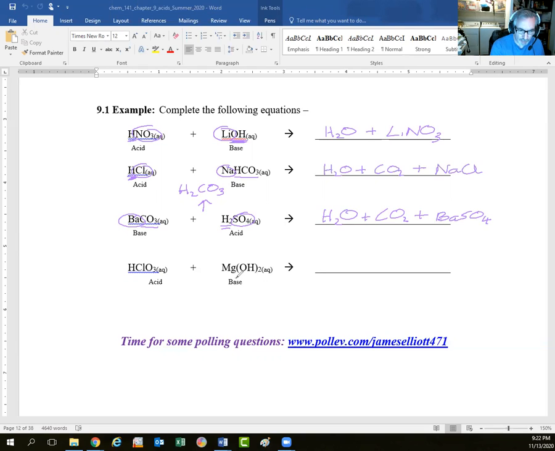Last one, back to a hydroxide containing compound. So we're looking to nick one hydrogen each time, although there's two hydroxide ions, so we'd need a second molecule of the chloric acid to give us a second hydrogen, a second proton. That would allow us to form two molecules of water.